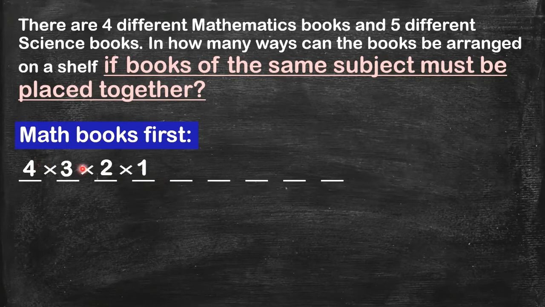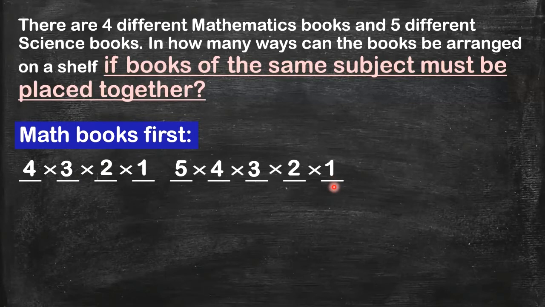And then, kapag mag-move na tayo dito sa 5th position, dahil ubos na yung math books, science books naman. For this position, we all know that we have 5 choices, tapos dito 4 choices na lang, and so on. And then, we also get their product.